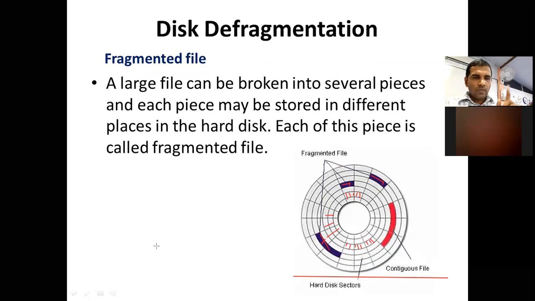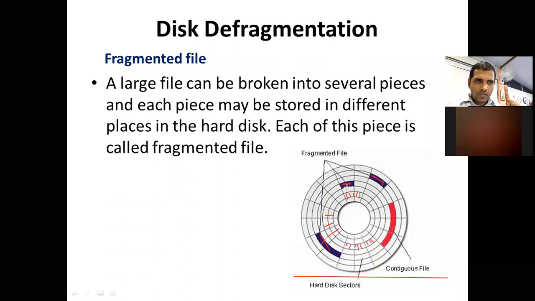Right? Now listen to me. The pieces of a file saved in different locations are called fragmented files. I repeat it. I already mentioned that a single file is divided into 3 or into multiple parts and saved in different locations. So according to my example, one file is divided into 3.